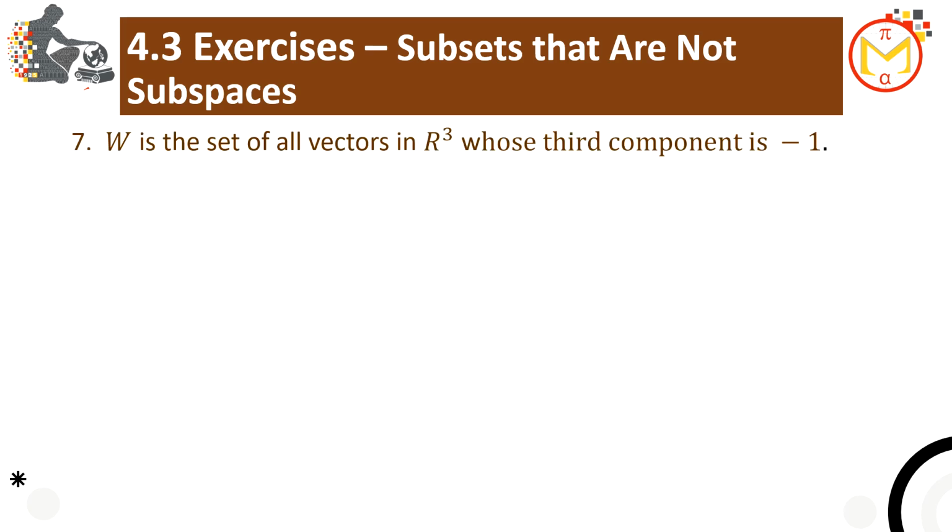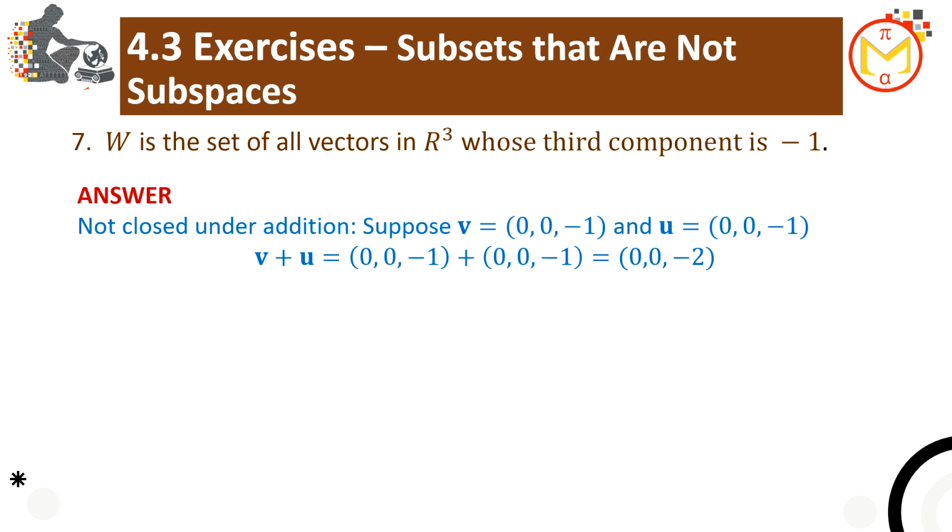All right. W is the set of all vectors in R cubed whose third component is -1. This one is a subset that is not a subspace. Why? We just have to prove why.